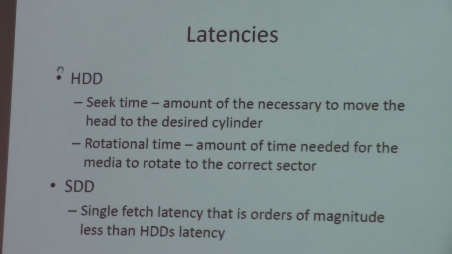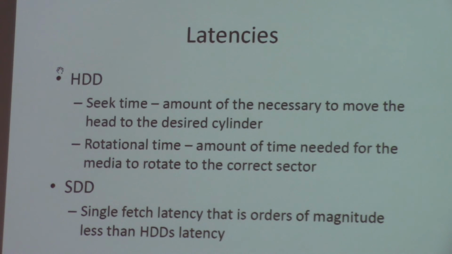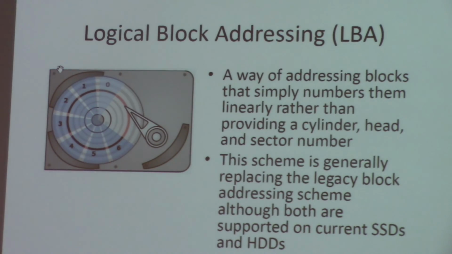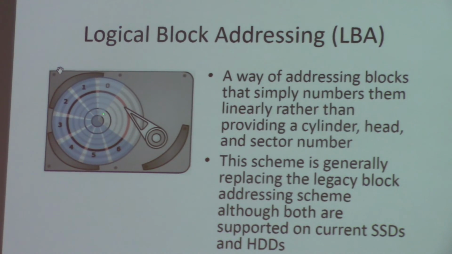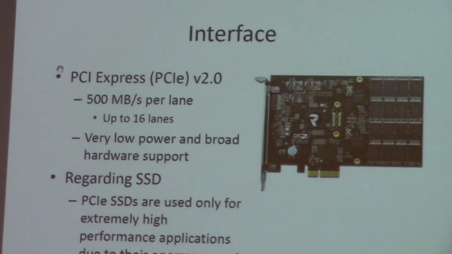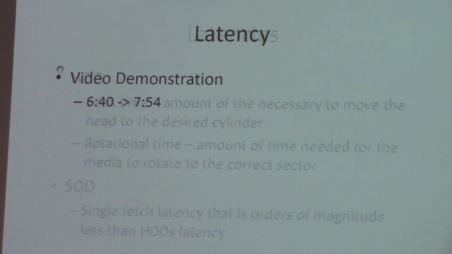As you imagine, the platter rotates to find the proper location. Another one is the seek time, because the arm moves left or right. Even though we find the proper sector position, it should rotate and also move left or right to find the proper location of the data. That is called the seek time. The seek latency and the rotational latency.